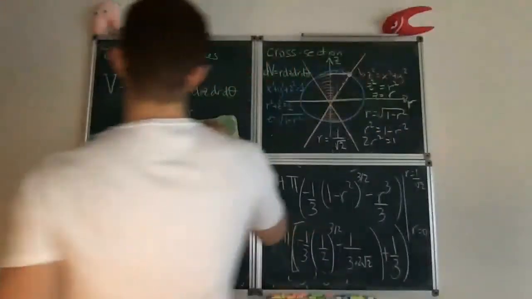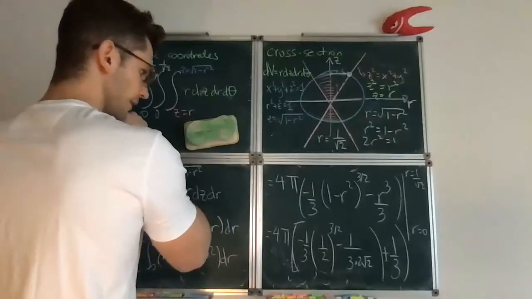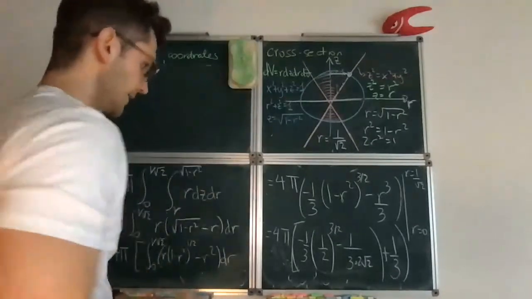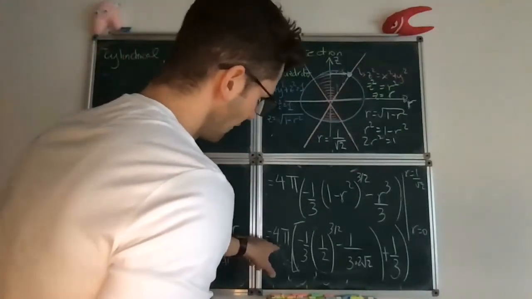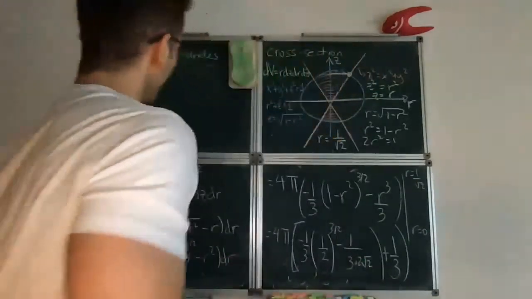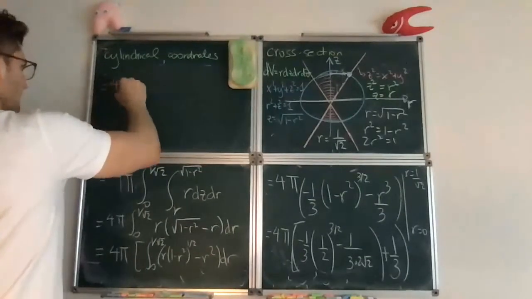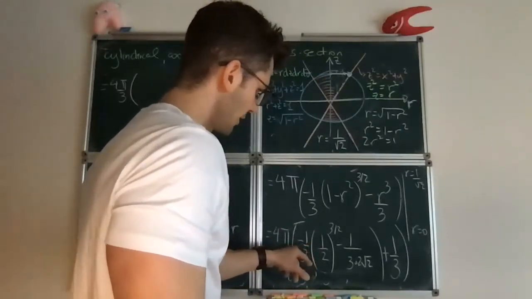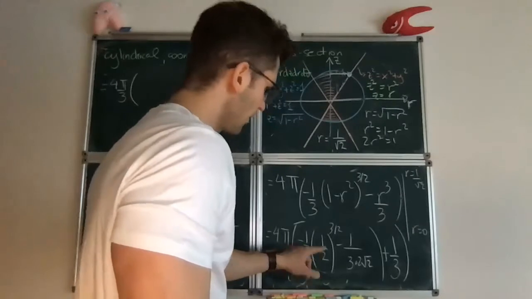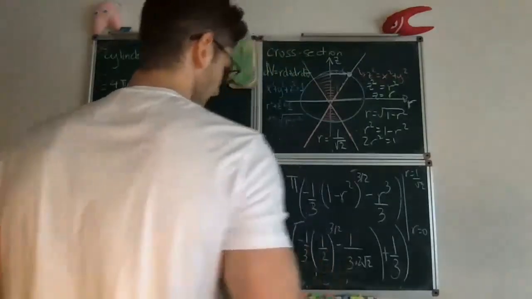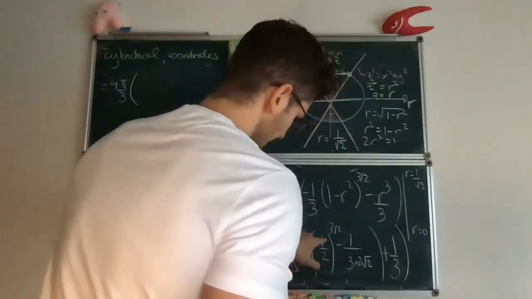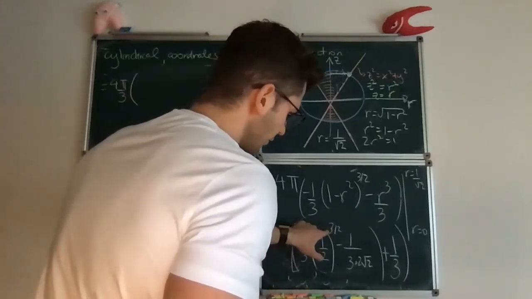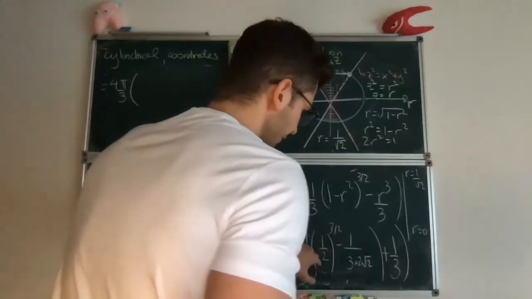Okay? So in the end, if I did everything correctly, notice that everything has a 3, so you can pull this out, and so you get 4 pi over 3. And 1 half to the 3 halves: when you cube everything, that gives you 1 over 8, and then you take the square root of that, you get 2 over root 2.